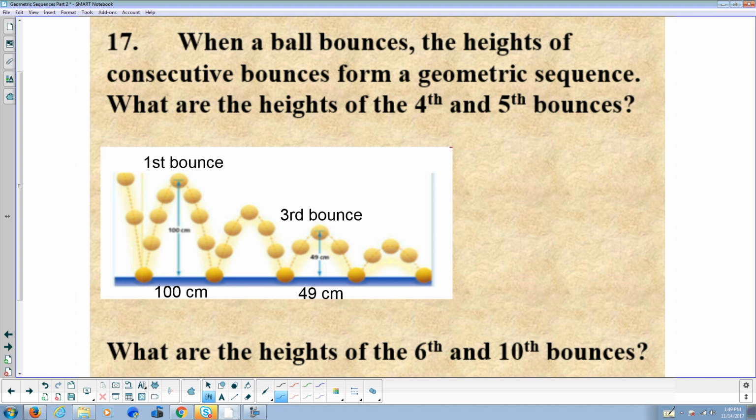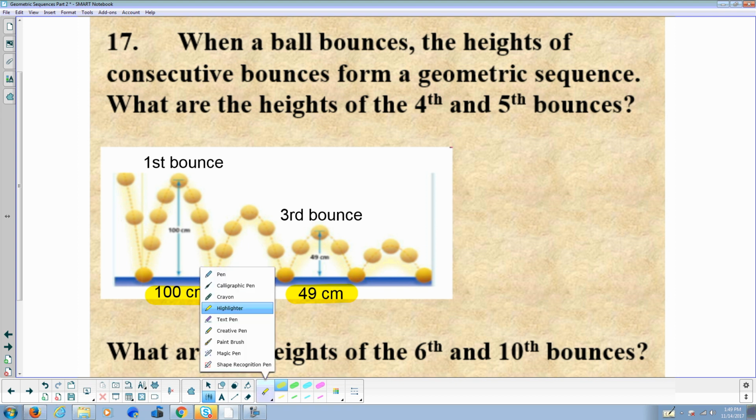What are the heights of the fourth and the fifth bounces? Well, from the diagram here, we see that the height of the first bounce is 100 centimeters, and the height of the third bounce is given to be 49 centimeters. I don't know the height of the second bounce.